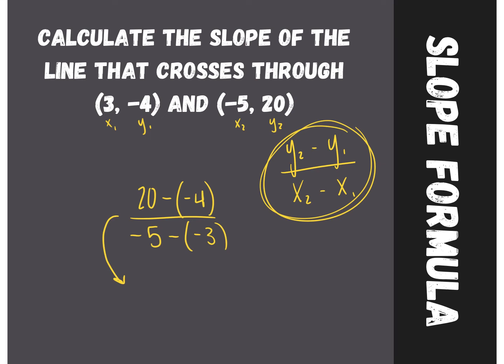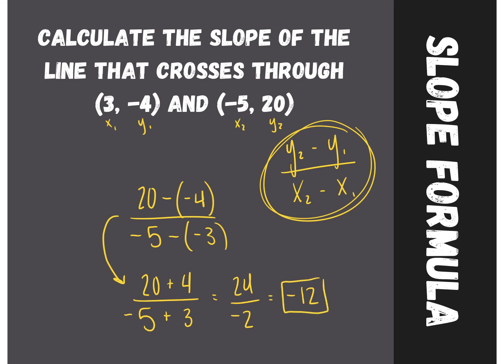If I'm subtracting a -4, I can add the additive inverse, so I can change it to 20 plus +4. The same is true on the bottom. The -5 has to stay the same, but I can change it to -5 plus a +3. If I simplify that numerator, I get 24, and on the denominator, I get -2, which again simplifies to give me -12. That tells me that this is a pretty steep line with a slope of -12.